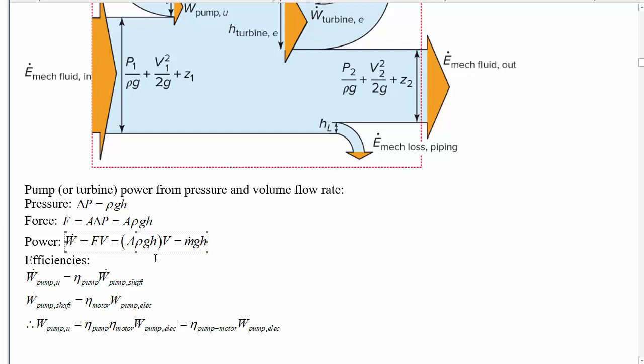So the head loss corresponding to this power generation. If you have a certain mass flow rate going across a certain energy per mass flow rate, then multiplying them together will give you the power.